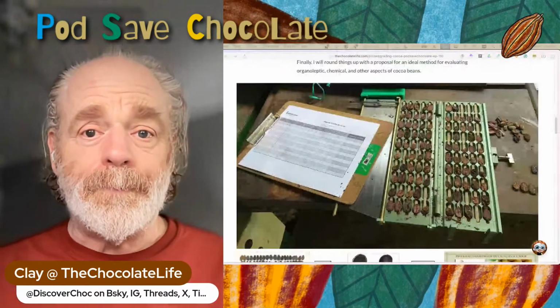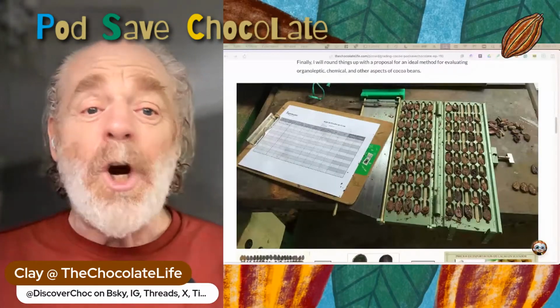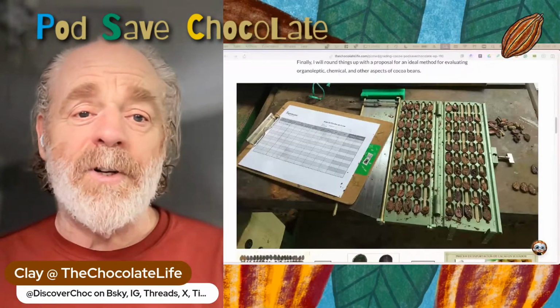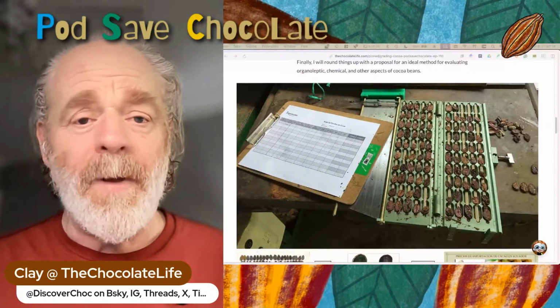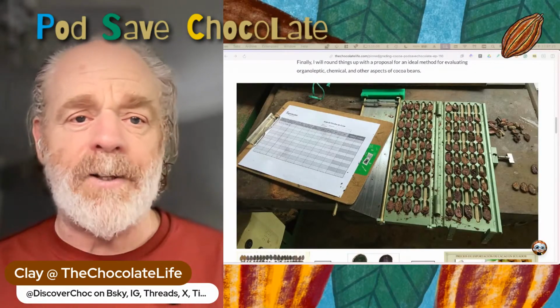So we want to get past this very simple visual inspection of cocoa beans, which is represented by the cut test. I don't care whether it's 80% well fermented or 75% or 85%. I don't believe in that standard.